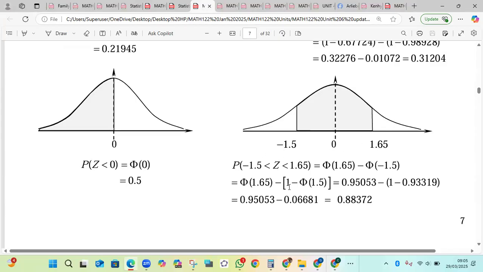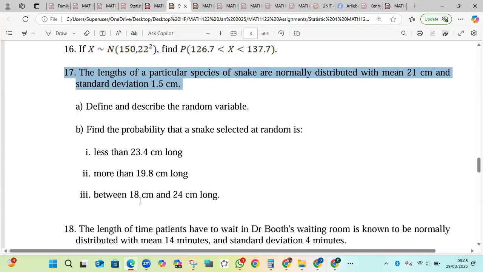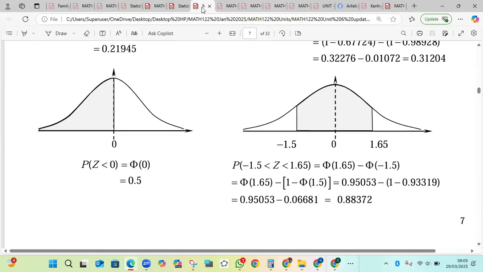Phi of the negative is 1 minus phi of the positive, and then you subtract each other. That would be the working for part 3. Make sure you sketch your curve, put the mean in the middle first, then your two X's, and below them the 0, then standardize to get your positive Z and negative Z. That should give you your value.